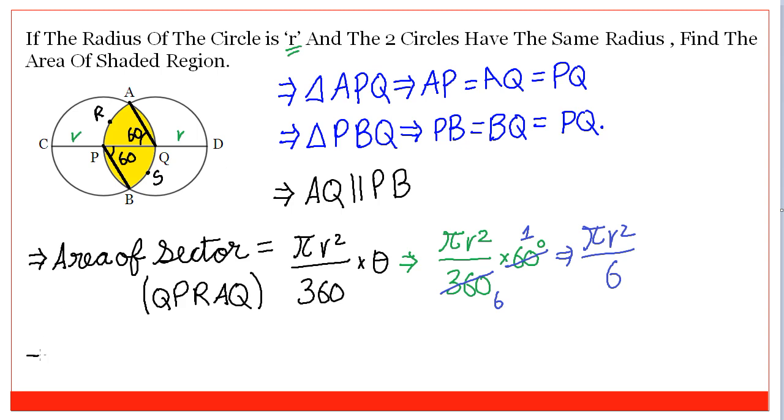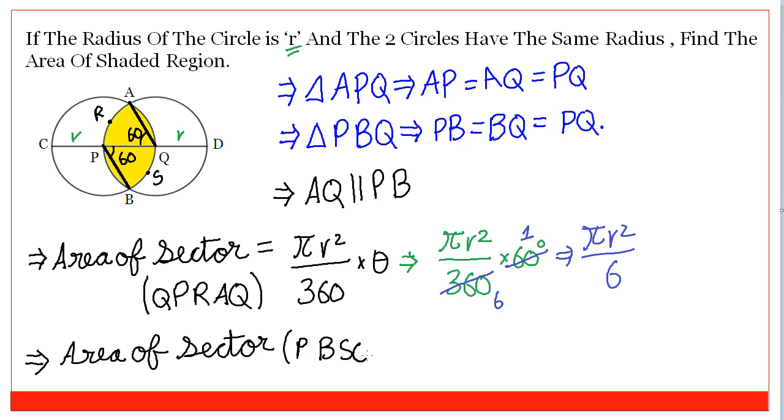Okay. Now we get the area of the sector. Again, this is a different sector now. It is PBSQP.